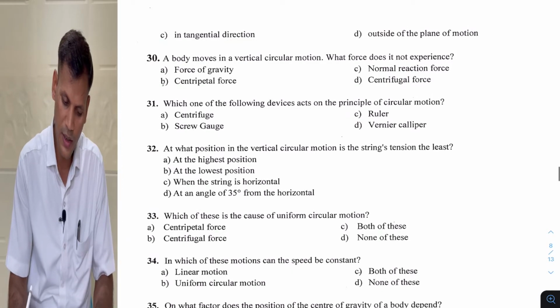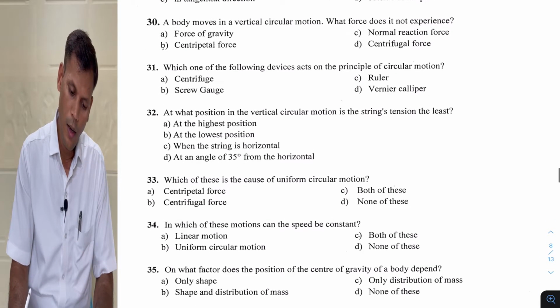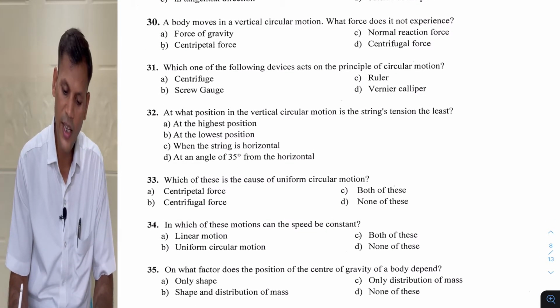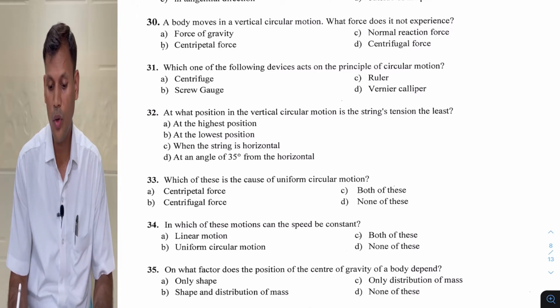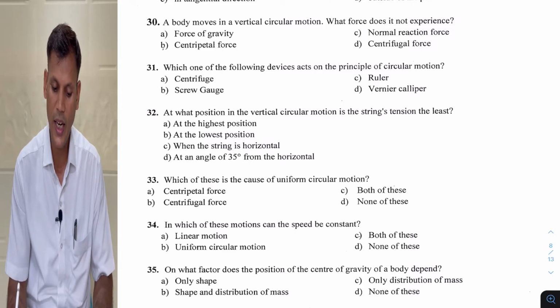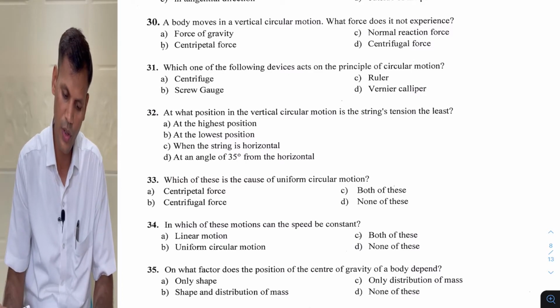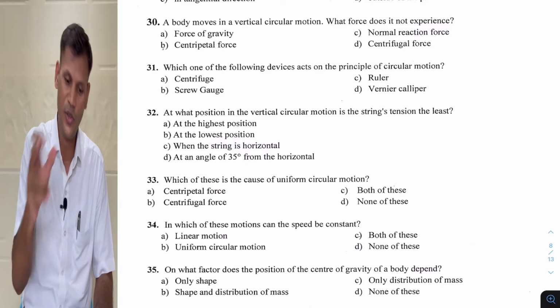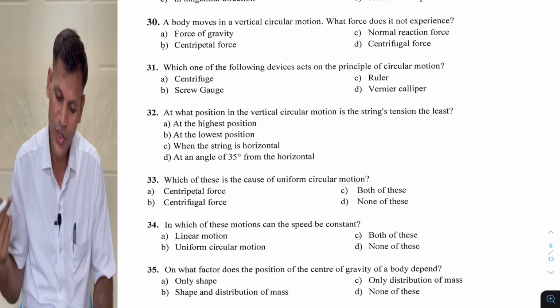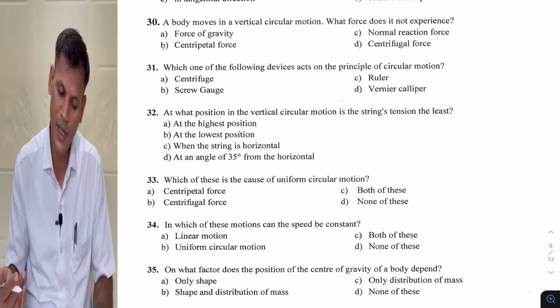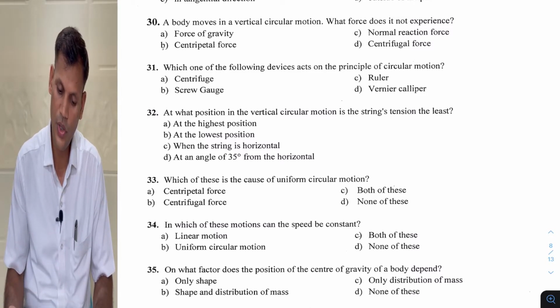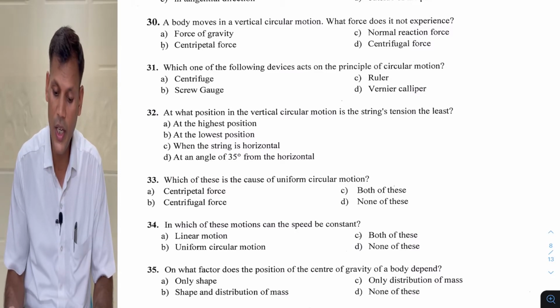Now question number 30. A body moves in a vertical circular motion. What force does it not experience? If any body is moving in vertical circular motion, which force does it not experience?